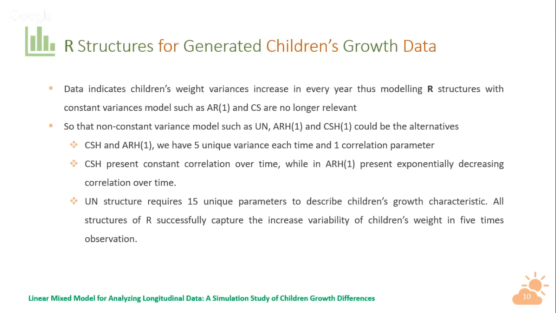Heterogeneous compound symmetry presents constant correlation over time, while heterogeneous first order autoregressive presents exponentially decreasing correlation over time. But the unstructured model requires 15 parameters to describe the characteristics of children's growth.